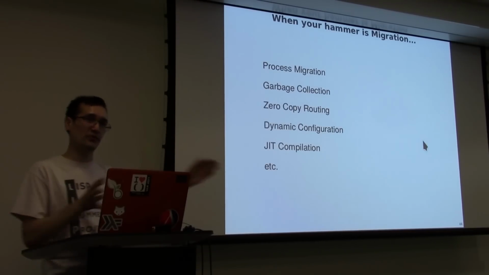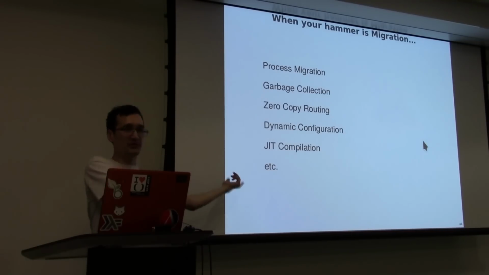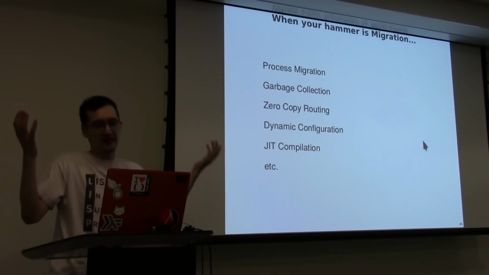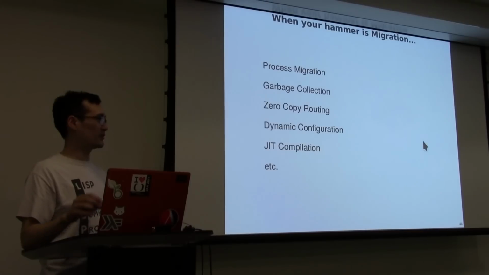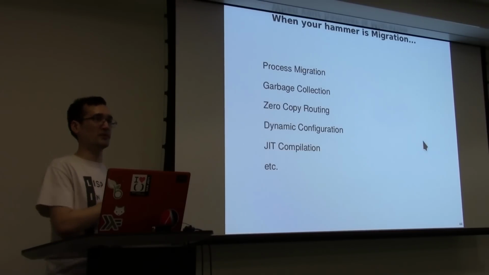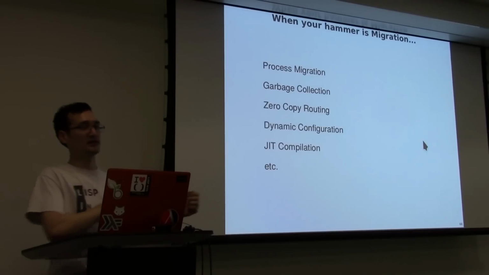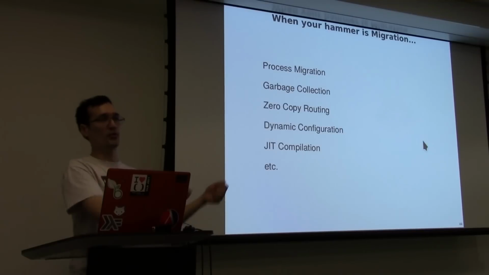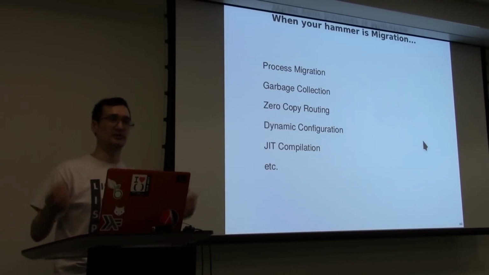I can recompile my program to be optimized for just the display I have. So I can dynamically recompile things. And JIT compilation is, this function is right now implemented as running this interpreter or this representation, and now it's instead the same function being implemented as a compiled something. So when you have migration, everything is migration.